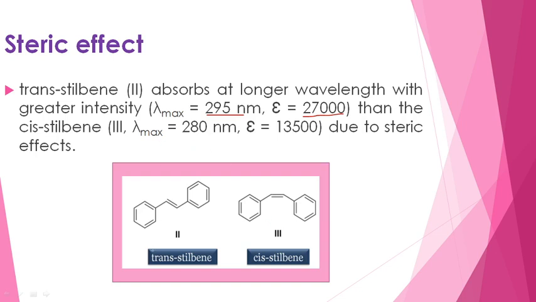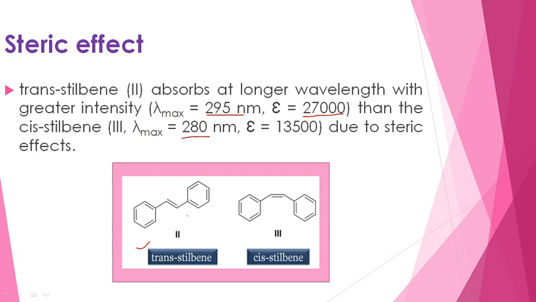So for trans stilbene we find a high lambda max, and for cis stilbene a low lambda max. That means any geometrical isomer in trans form will exhibit a higher lambda max and the cis form a lower lambda max. This is due to steric hindrance, or the steric effect.